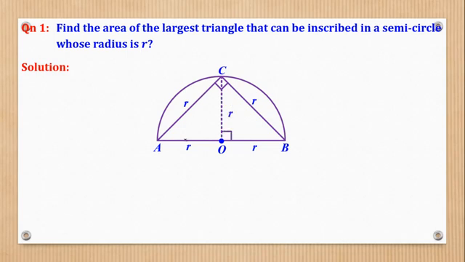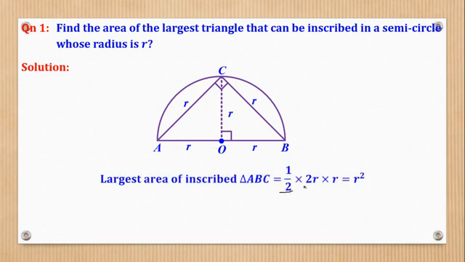So we shall get a triangle with base of 2r and height of r. Therefore, the largest area will be a half base times height, which is r squared.